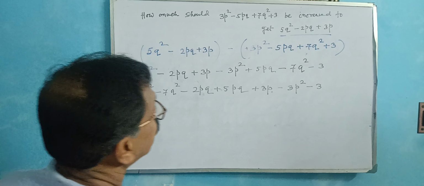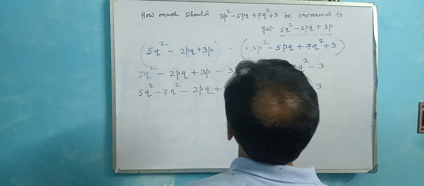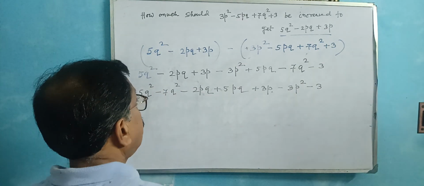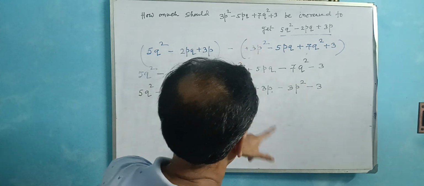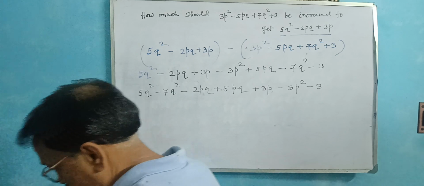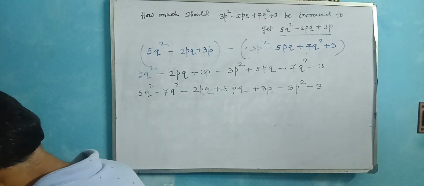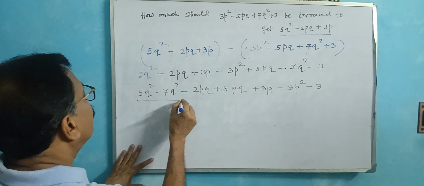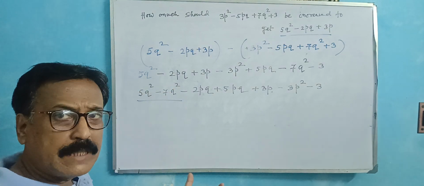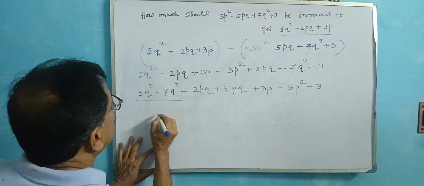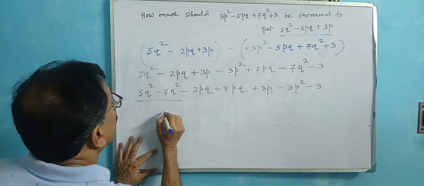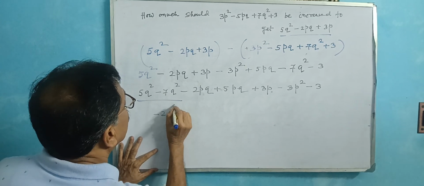Okay, clear? Now this is the rule of simplification. Opposite signs subtract, so the greater is 7, the sign is minus, so 2q square.